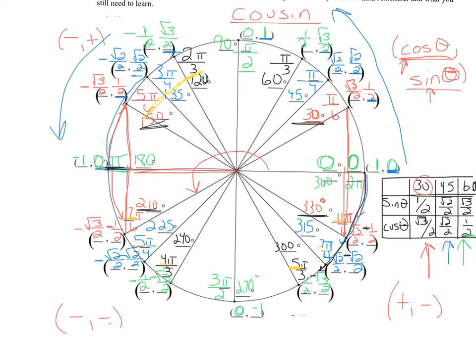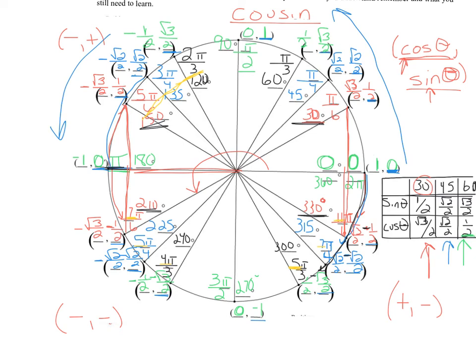And then when I go down here, right, I'm down to 0, and now we're going to go into the negatives. So negative 1/2, negative radical 2 over 2, negative radical 3 over 2, negative 1, and then we go back up, negative radical 3 over 2. So we're getting closer back to 0, negative radical 2 over 2, negative 1 over 2, and then back to 0. So the x's kind of work in the opposite direction.